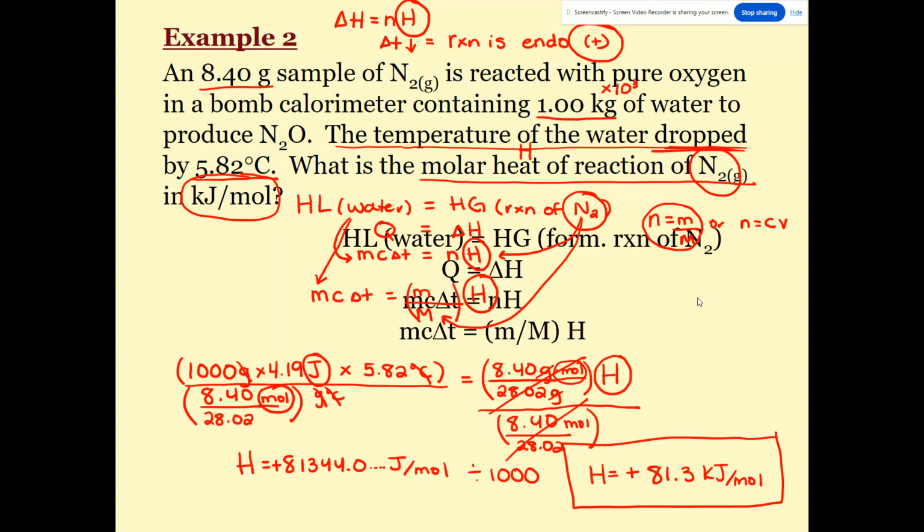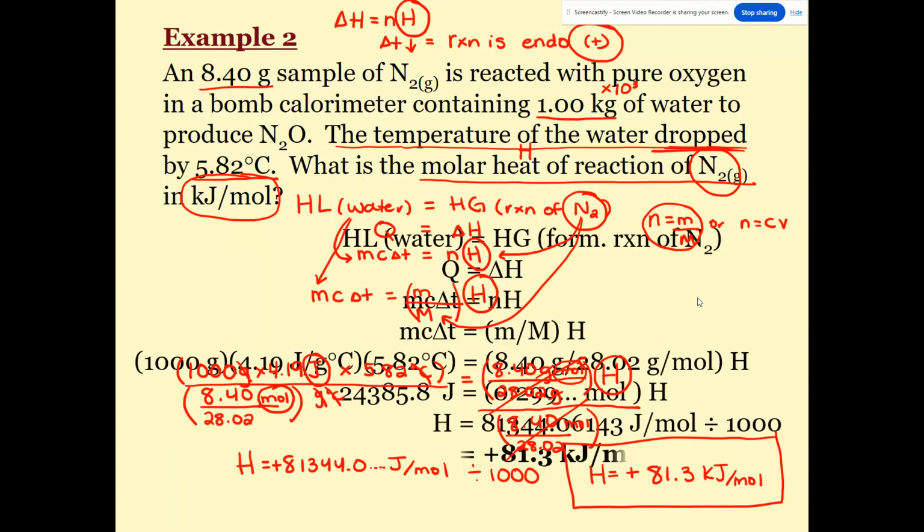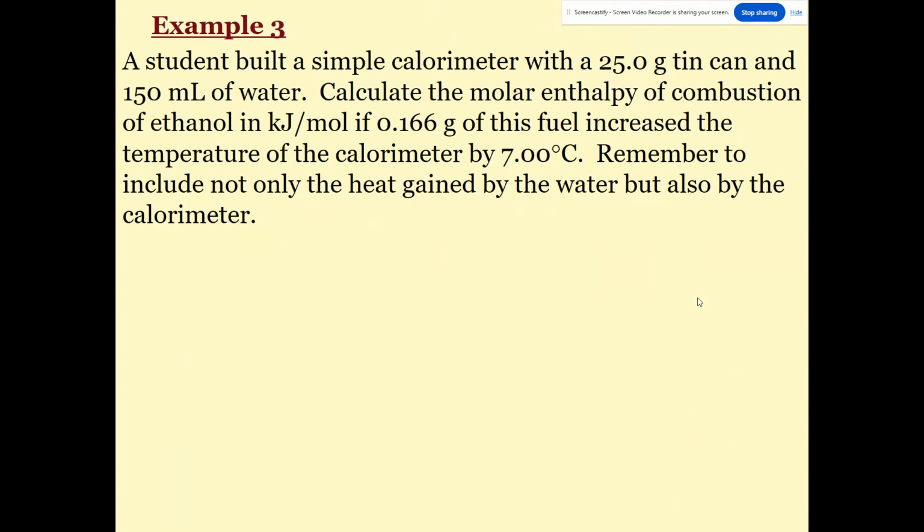So what's different about the next question is that you have a little bit more information. You not only have the amount of water, and the water again has a density of 1 gram per milliliter.